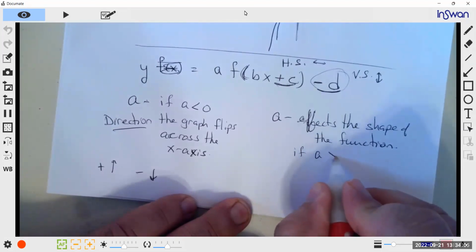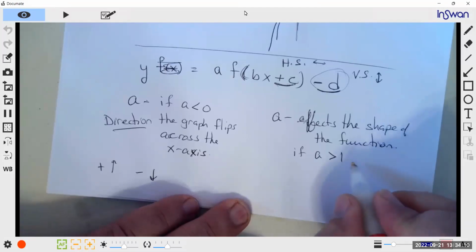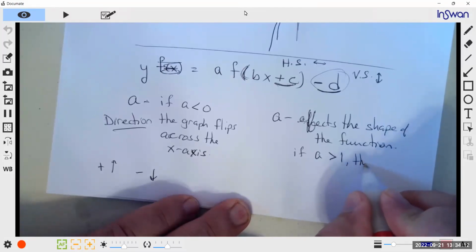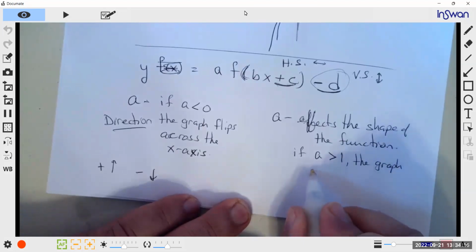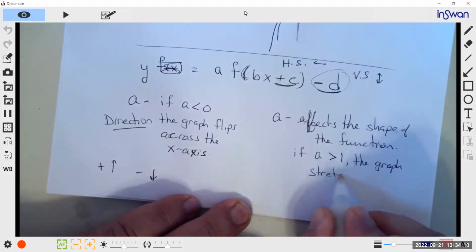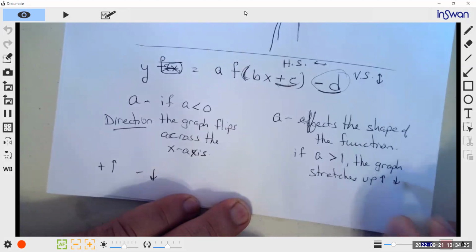If A is greater than 1, the graph stretches upwards and downwards.